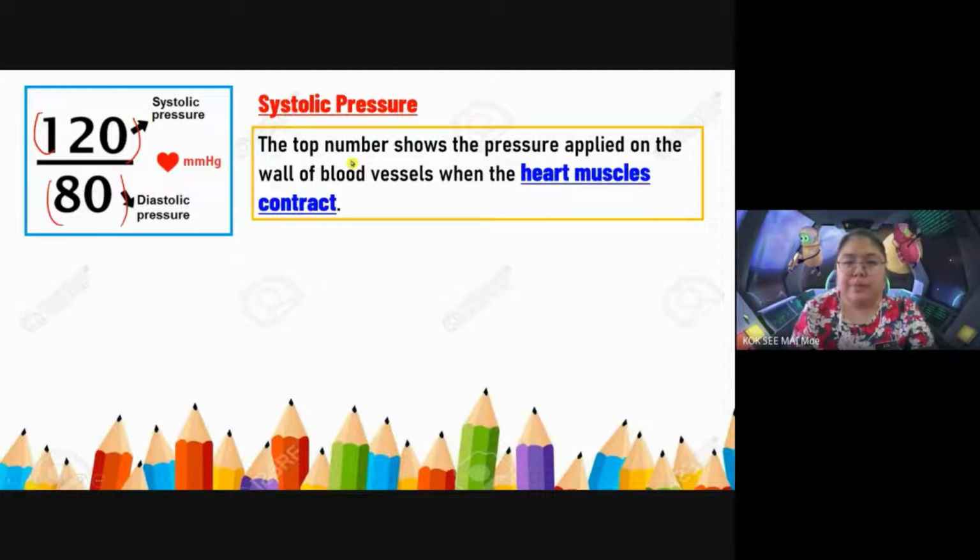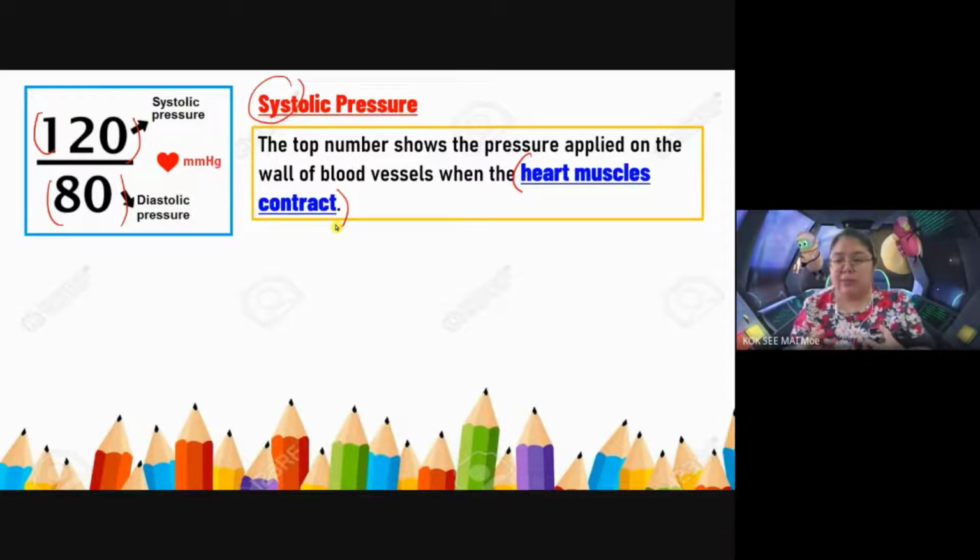Now we are going to see this part. The top number is the systolic. The top number shows the pressure applied on the wall of the blood vessel when the heart contracts. Contract means it presses and becomes smaller. So this is when your heart pumps, it contracts and expands.